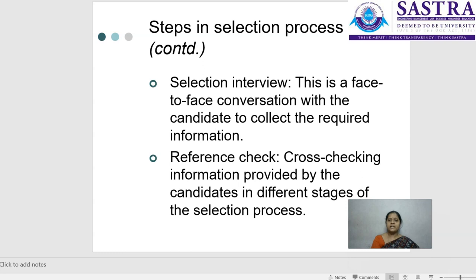So this is actually a process of cross-checking the information provided by the candidate in different stages of the selection process, and they'll be giving the references cited by the candidates themselves. So in this stage, they'll cross-check the information provided by the candidates in different stages of the selection process.